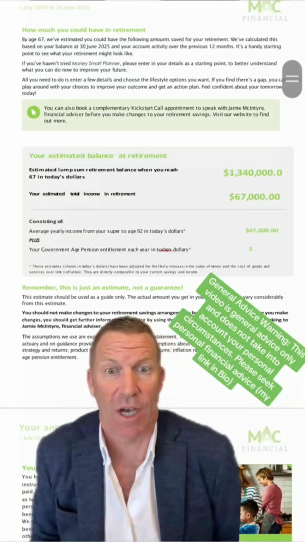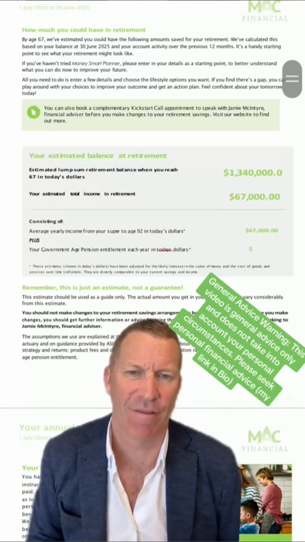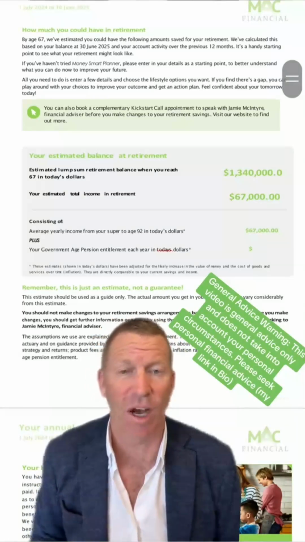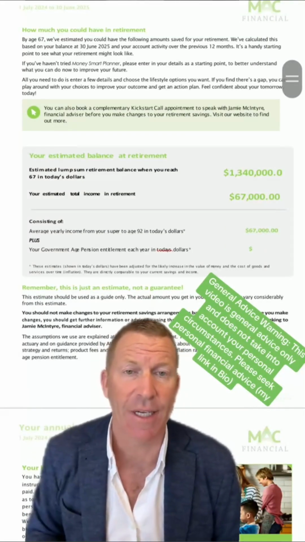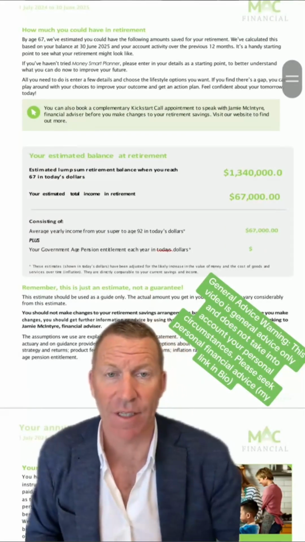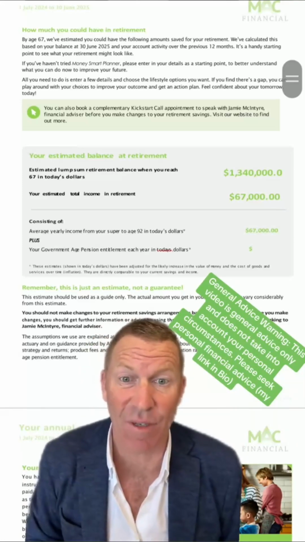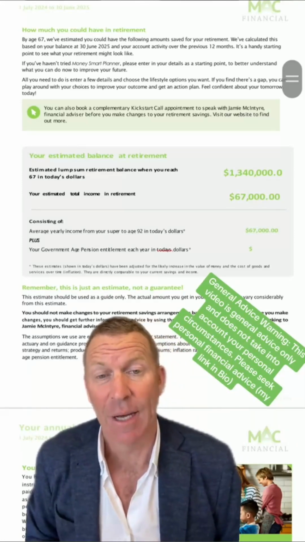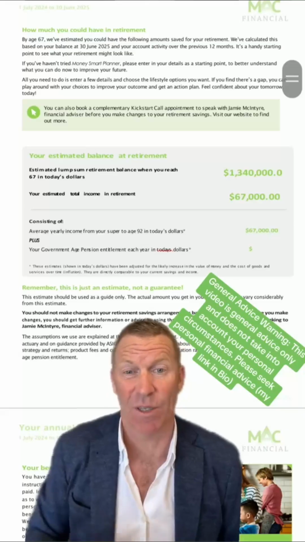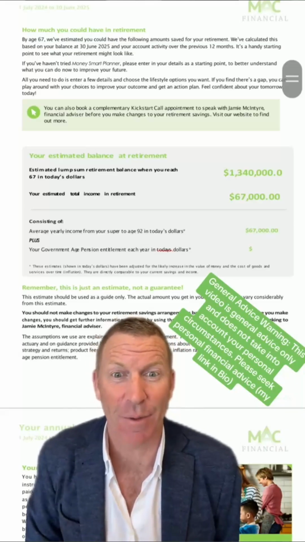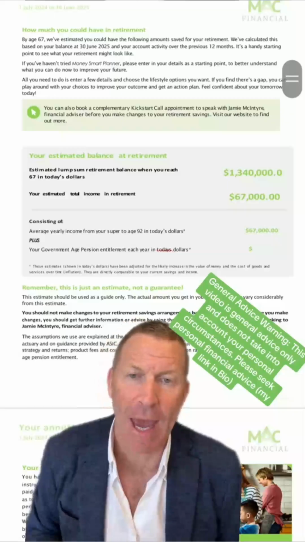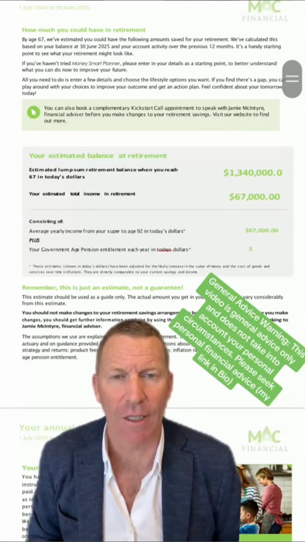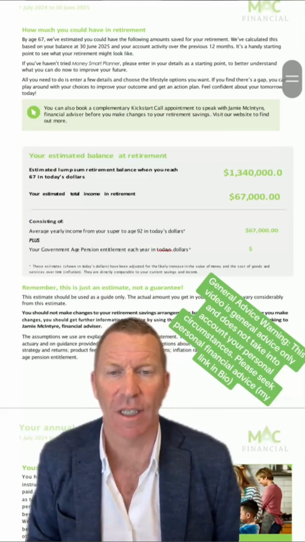So whilst it's a nice snapshot, it probably doesn't evolve with changes that are happening in your life. You might have an employment change, which is a higher salary and more money goes in. You might think that $67,000 a year in retirement's not bad, but keep in mind, in 20 years' time, inflation's going to affect that, and you're probably going to need a little bit more in the future. But it's a nice little insight.